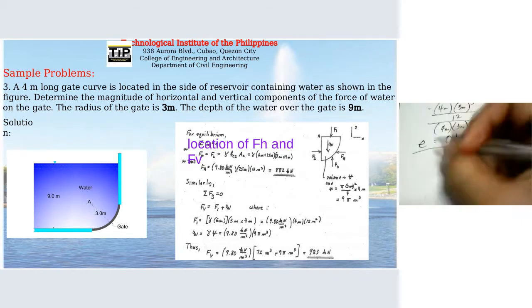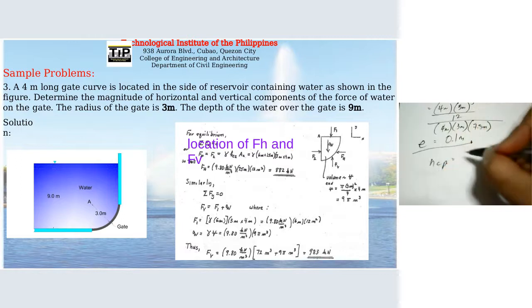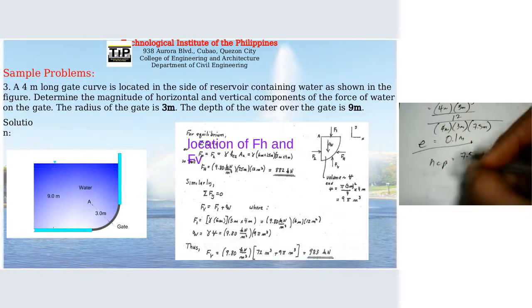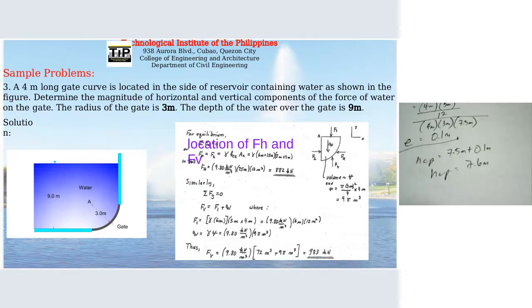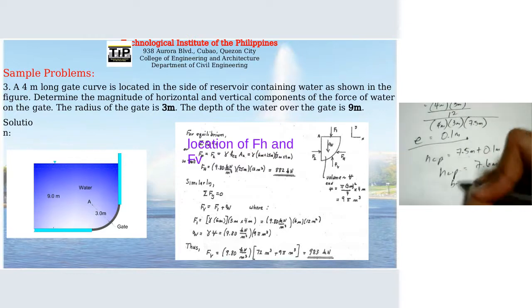So we can now use these values to determine the depth of the center of pressure. So we have 7.5 meters plus 0.1 meter. This is equal to what? 7.6. Okay, 7.6 below the surface.